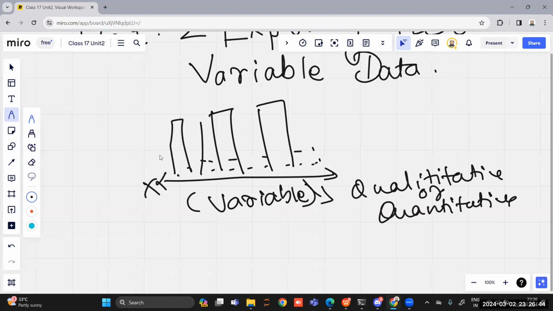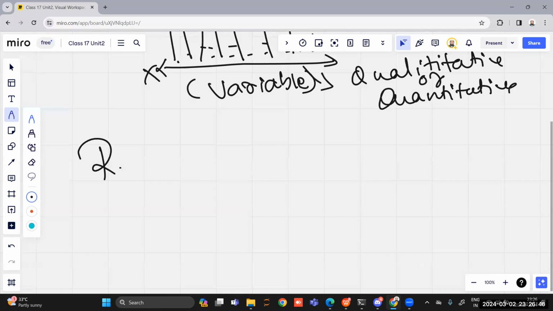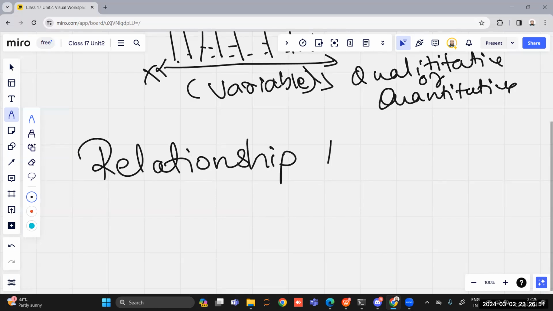But now what we are doing is seeing the relationship between two variables.